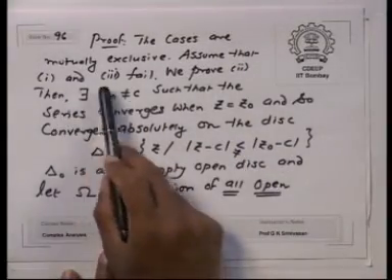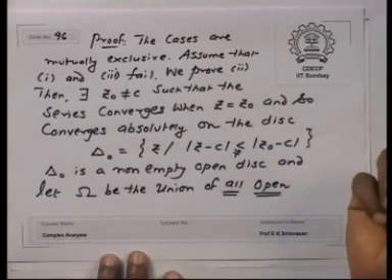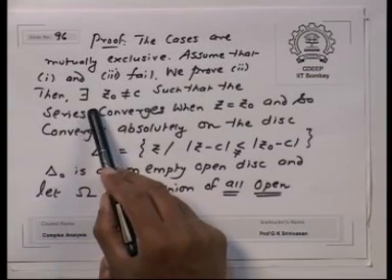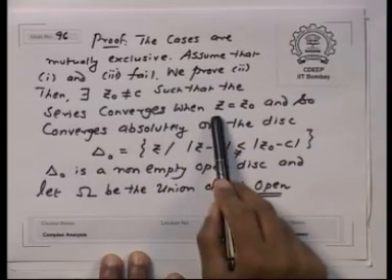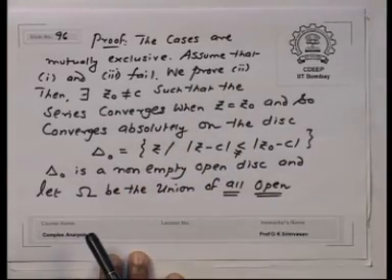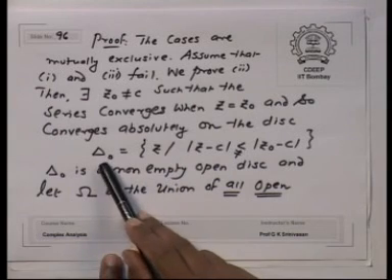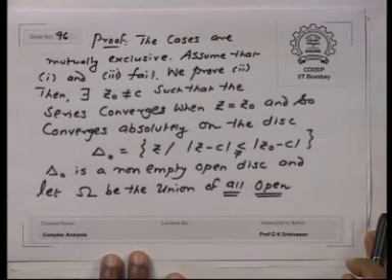So, assume that 1 and 3 fail, that means that it converges at a point other than c and it does not converge everywhere. Then we will prove the middle case 2. So, there exists a point z naught other than c such that the series converges when z equals z naught. So, the series converges absolutely on the disk delta naught, which is z such that mod z minus c is strictly less than mod z naught minus c.